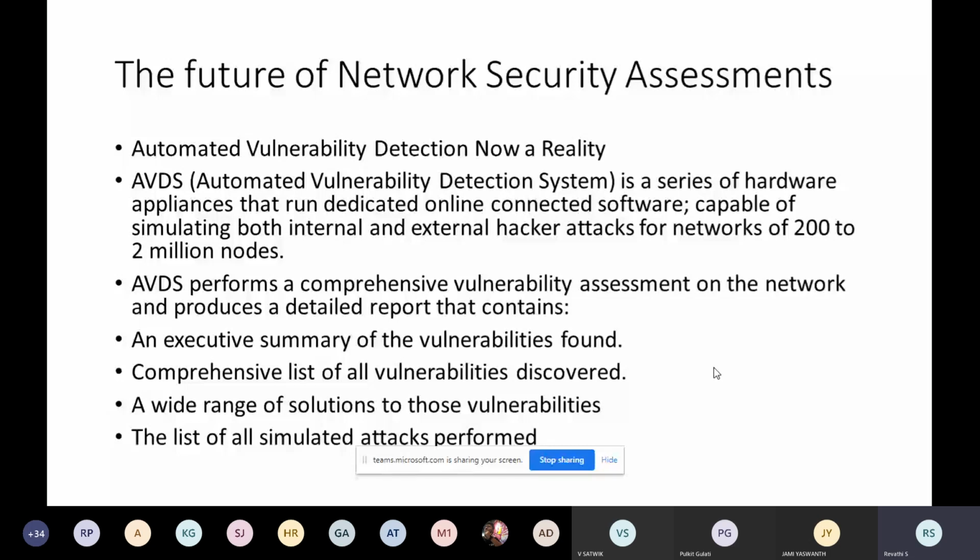It will find out which vulnerabilities are available and what step you can take to overcome each one. So a complete, entire report can be generated by this automatic vulnerability detection system.